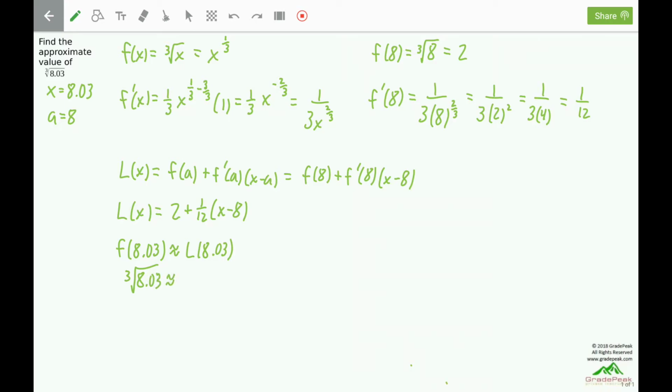L of 8.03, we can plug that in for x in L of x, and that will give us 2 plus 1 over 12 times 8.03 minus 8, and 8.03 minus 8 will be 0.03. The 0.03 and the 1/12 can reduce by a factor of 3. If we divide 3 into this, it'll become a 1, and the 12 will become a 4. So this will equal 2 plus 1/4 times 0.01.